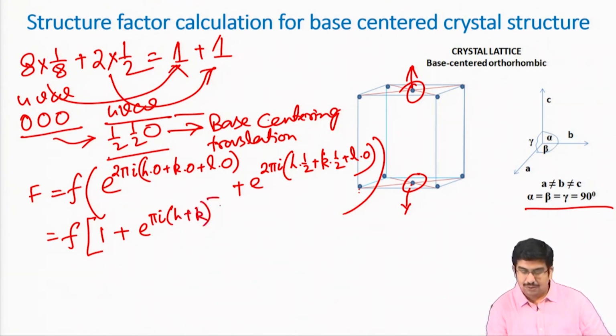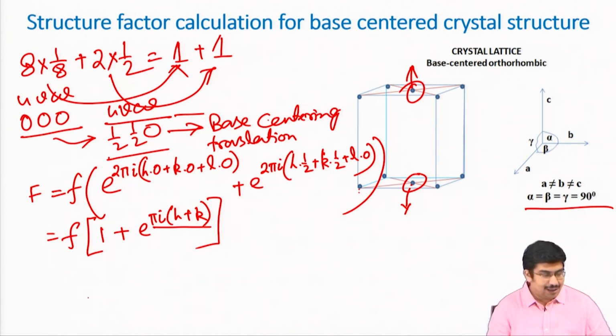If you solve this, this is ultimately the expression that we receive for the structure factor of a base centered crystal structure. Now we have already done these useful relationships.